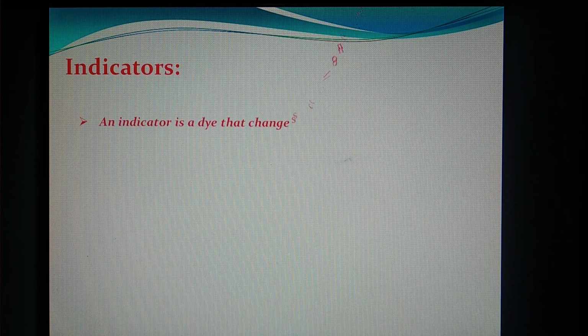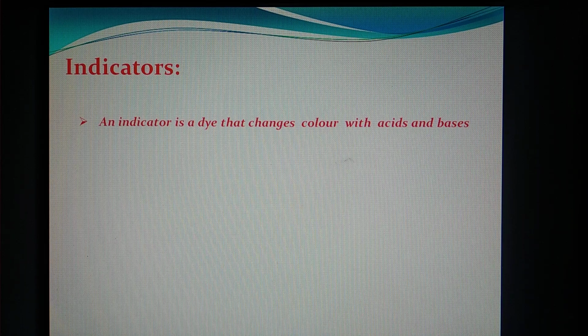For that we use indicators. So what is an indicator? An indicator is a dye that changes color with acids and bases. This is the definition of indicators.